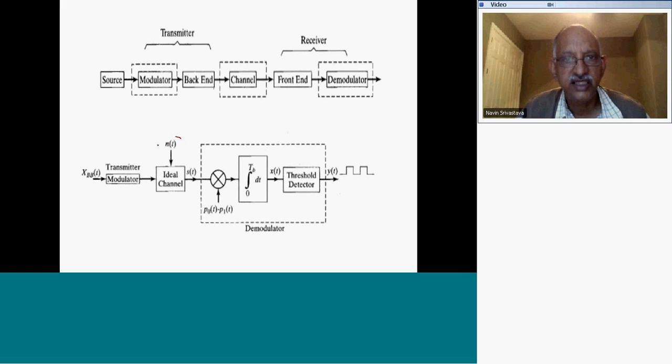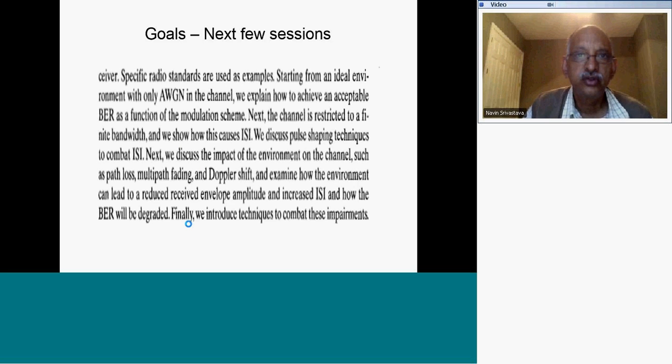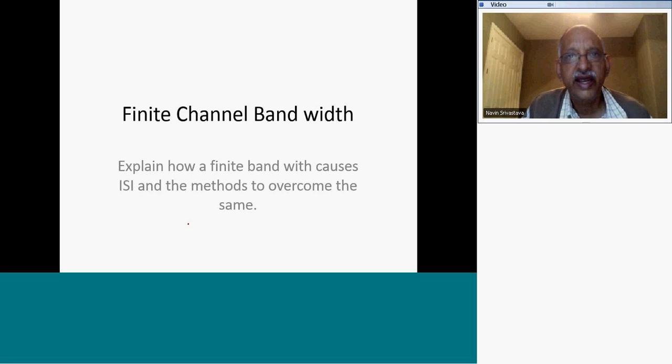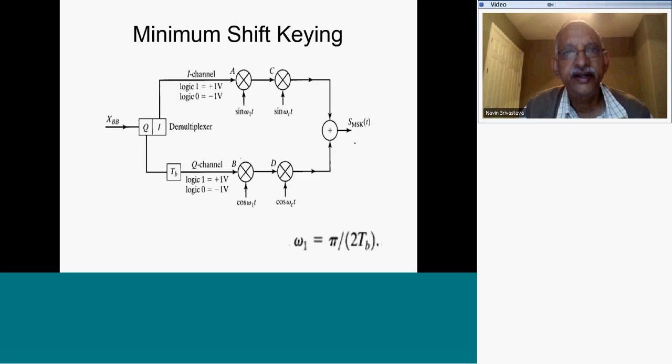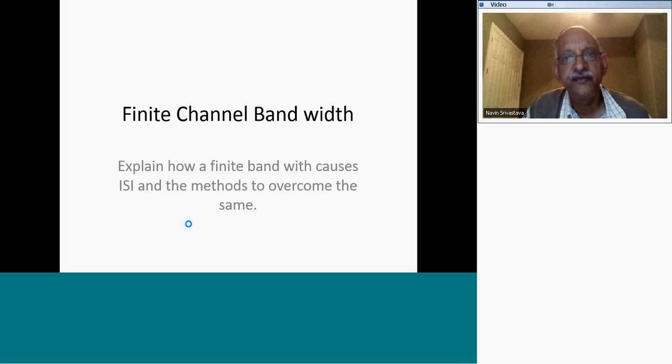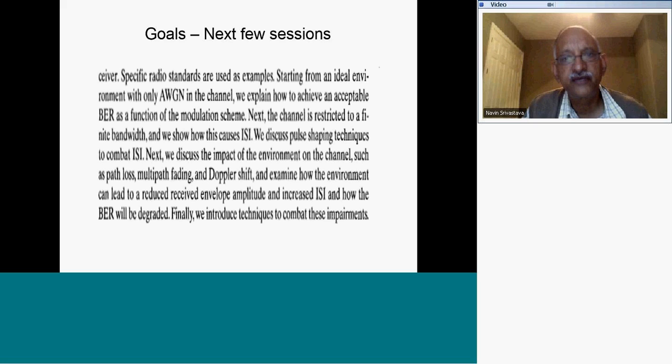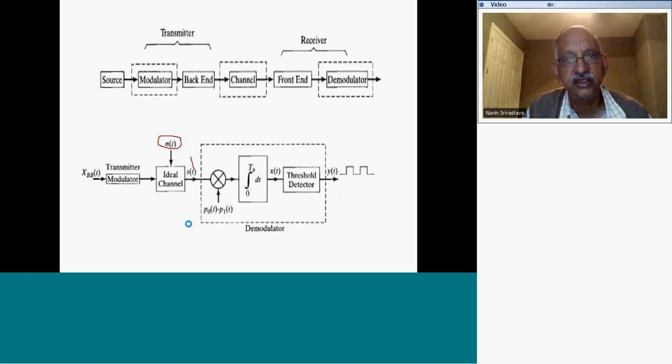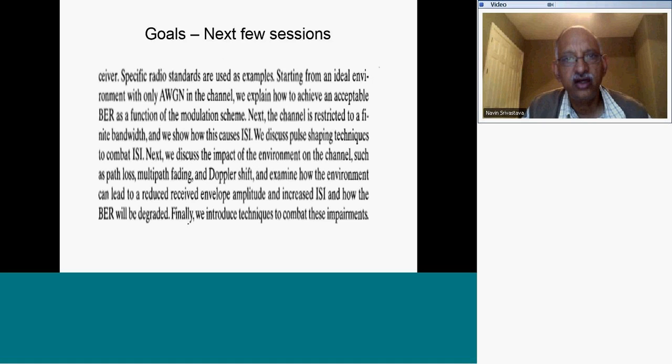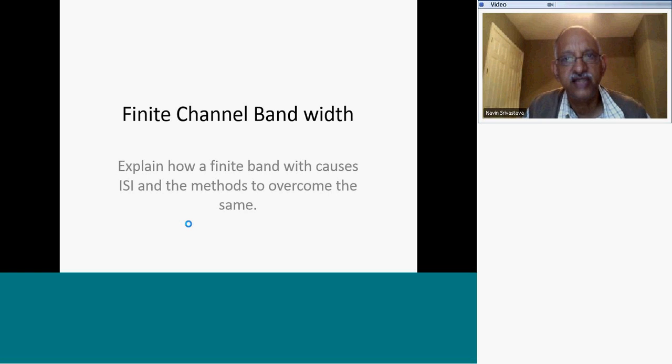And then because of this noise, what is happening to this signal s(t)? So this you must have done. And then we also say that the channel has a finite bandwidth, and this finite bandwidth causes what is known as ISI, inter-symbol interference.